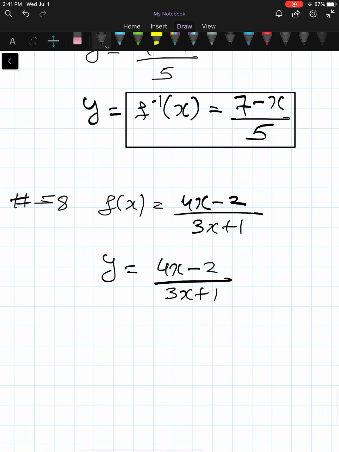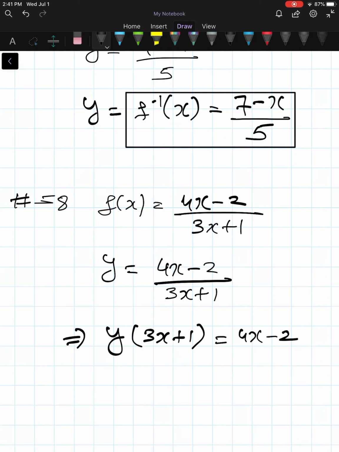Okay, so now we should solve for x in terms of y. To do that, I will do cross multiplication. So this would give us y times 3x plus 1 is equal to 4x minus 2, correct?